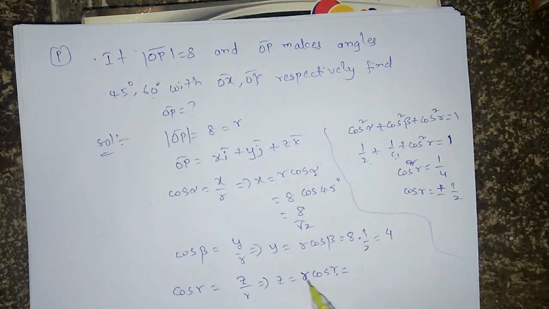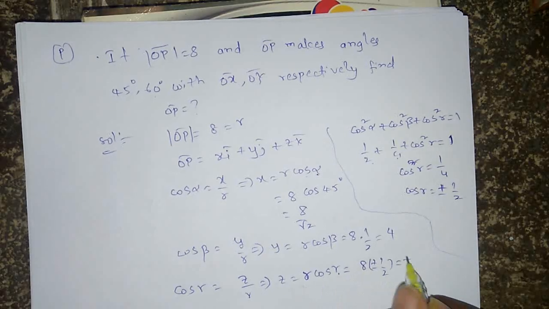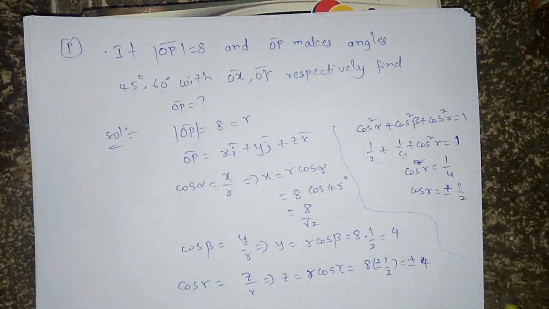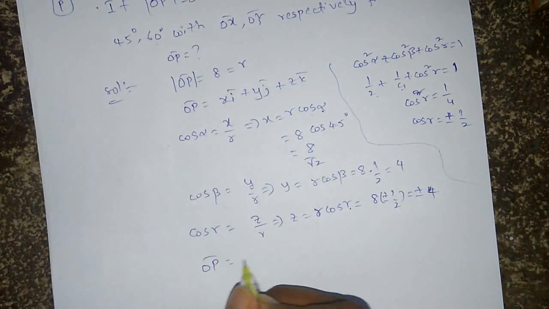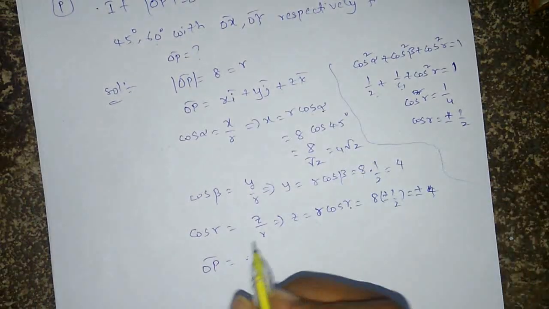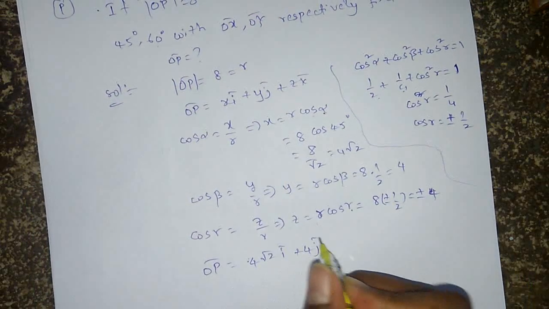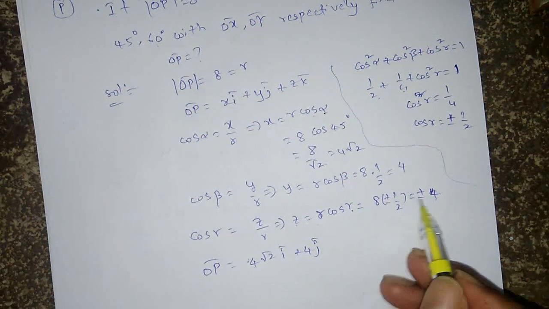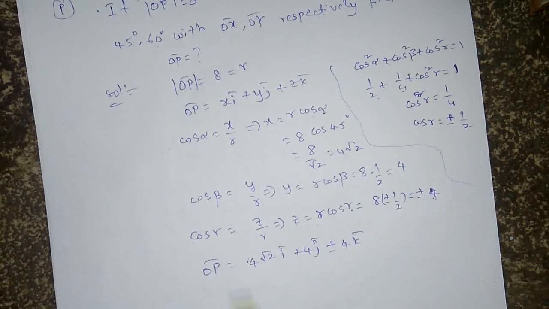Okay, so now R is 8, gamma is plus or minus 1 by 2, that is equal to plus or minus 4. Therefore OP bar is equal to x is 8 by root 2, that is 4 root 2 i bar, y is 4 j bar. Now z is plus or minus 4, that is plus or minus 4 k bar.